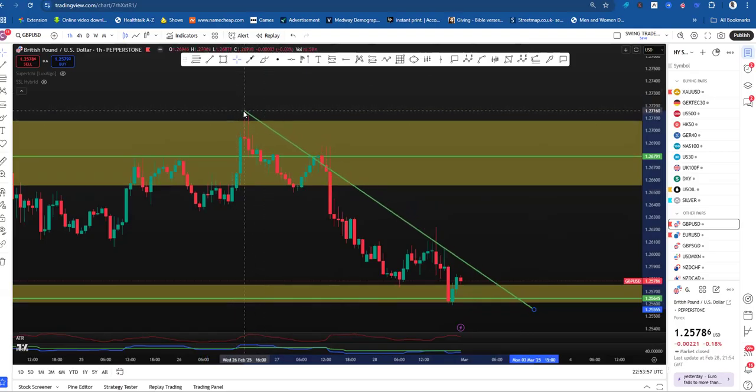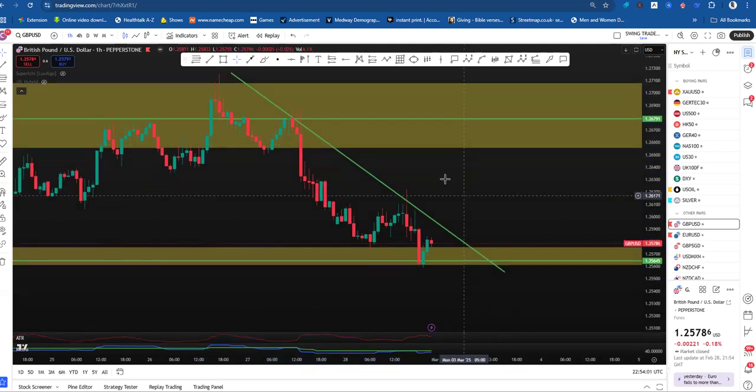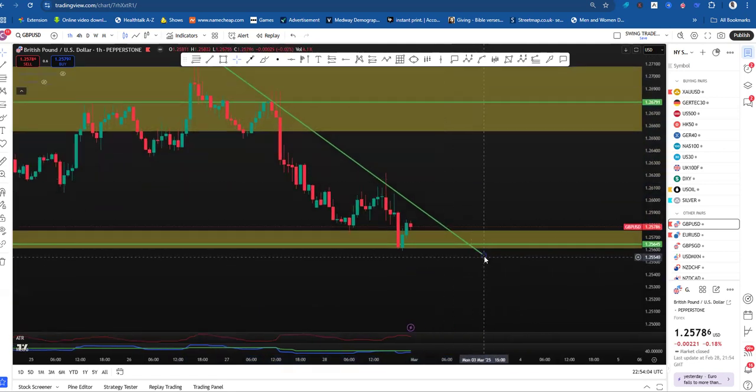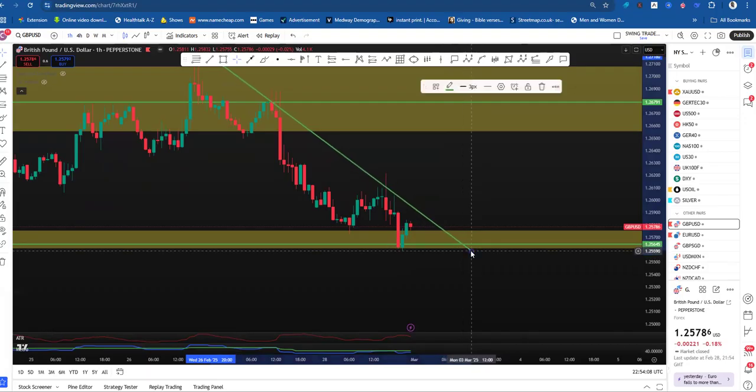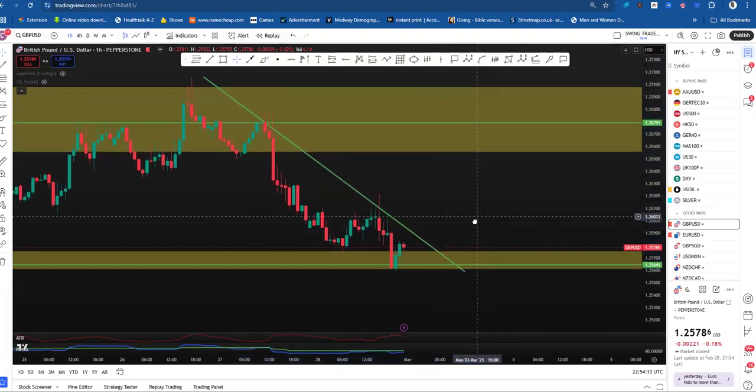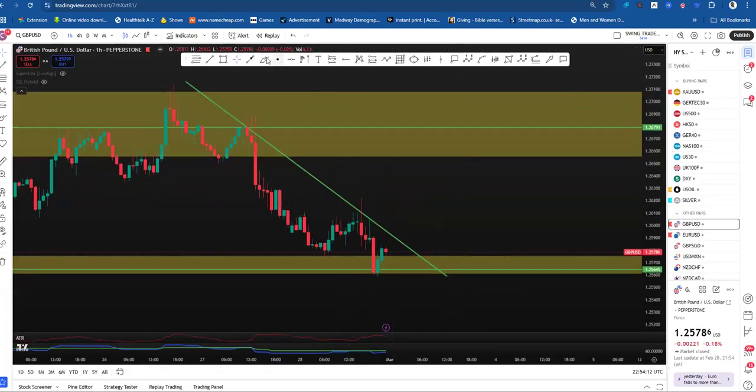Two touches is enough for me. That's enough for me. All I want to see is that price gives me an opportunity to buy if it breaks above, retests, and continues to the upside.